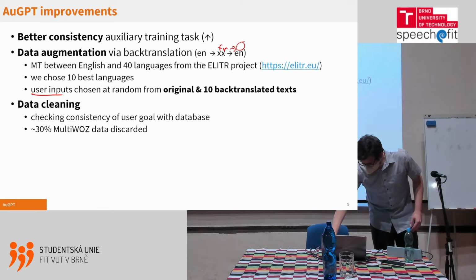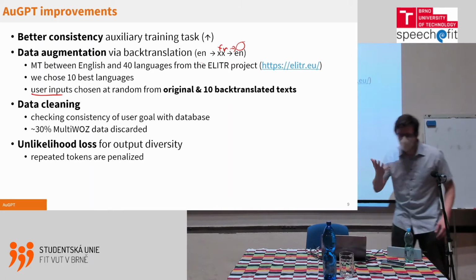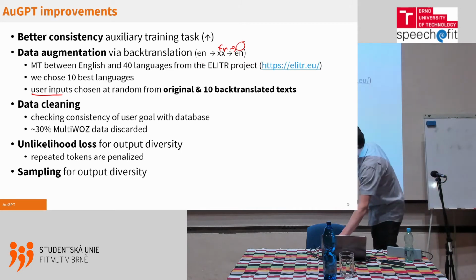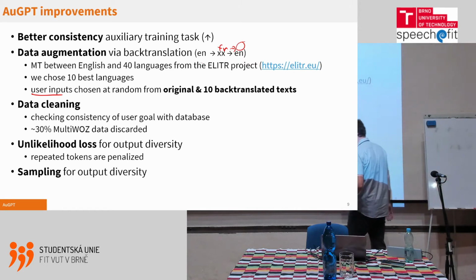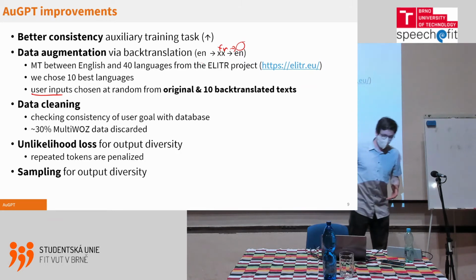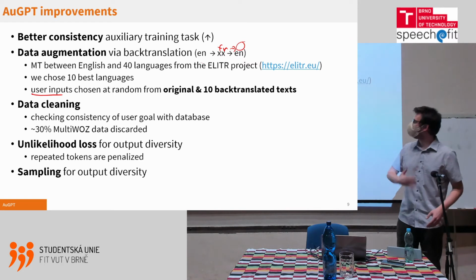And we also included something to actually provide output diversity. So there are two things. One is the sampling, as I already mentioned, and then there is an additional training loss that penalizes the system whenever it generates repeated tokens, whenever it repeats stuff from the input.